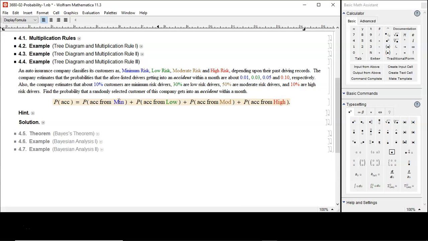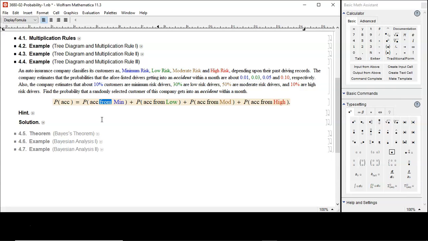So, how should you rewrite this one here? Accident from a minimal risk driver, and use a logical conjunction instead. Specifically, I'm talking about "and" versus "or." Which one is it? Is it "and" or is it "or"?